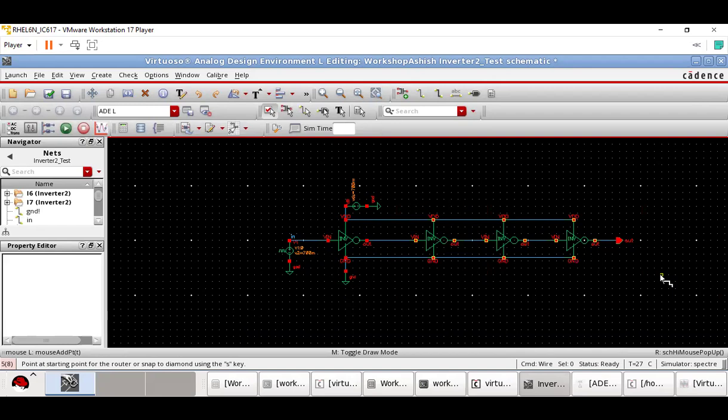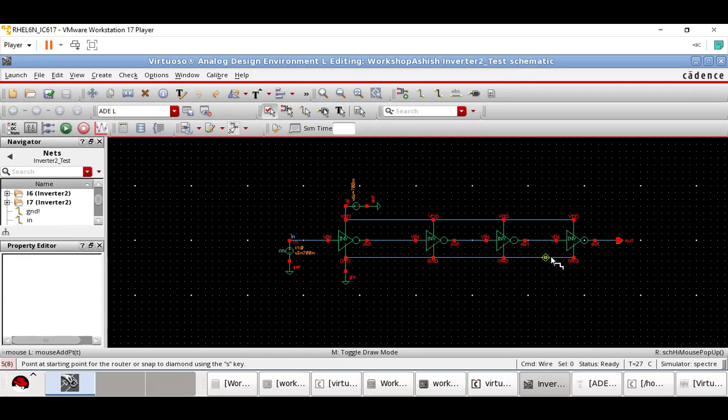Now just imagine the usage of this symbol. You are finding it very simple because it is having only two transistors for one inverter. Just assume that this symbol is having 20 or 40 transistors in itself.